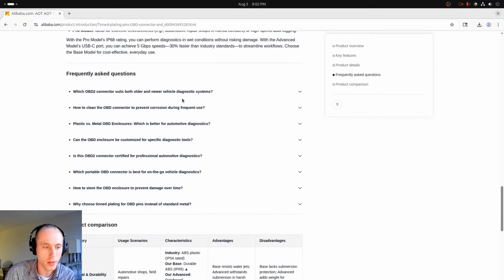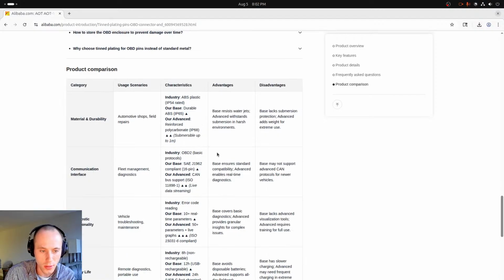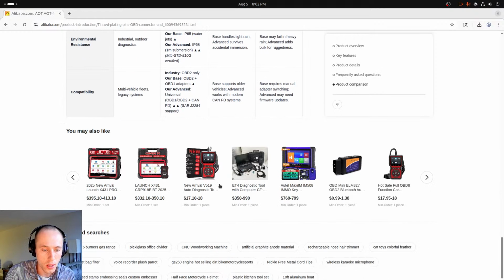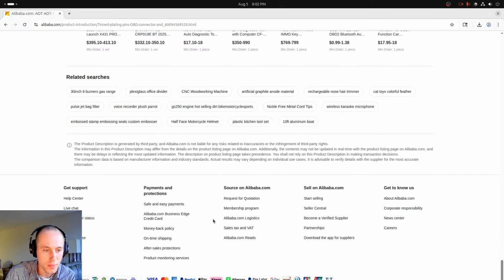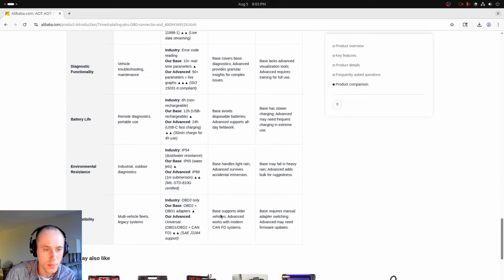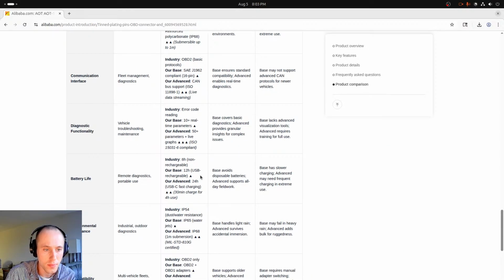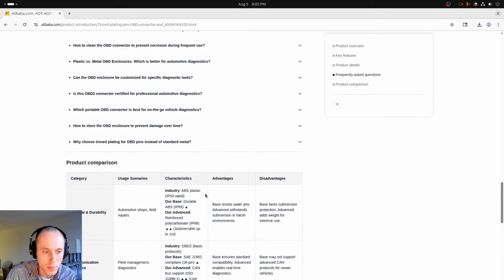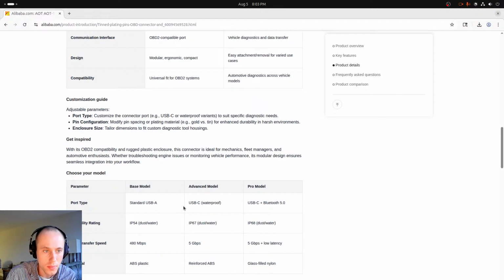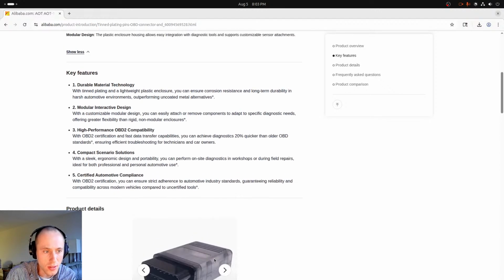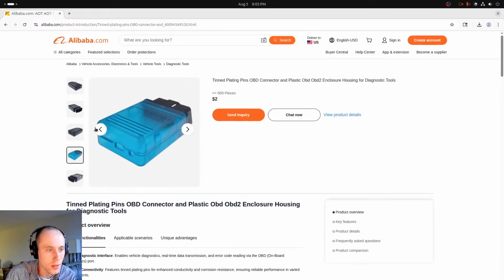Like if you scroll down, you have a bunch of comparisons, and so battery life? What? Does this have electronics inside, or is this just a case?